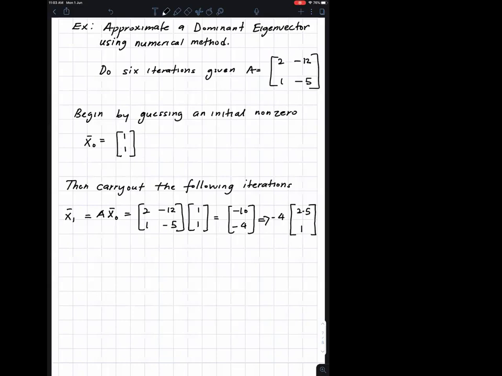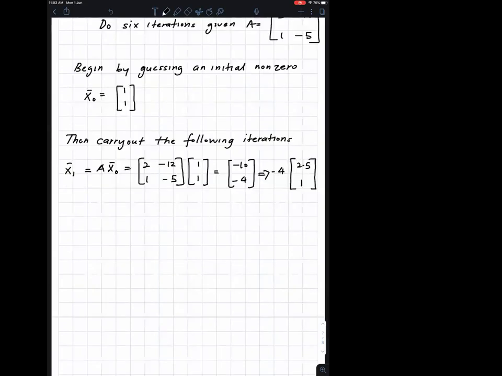Then next, what do you do? You do the second iteration: matrix A multiplied by the eigenvector obtained from iteration 1.